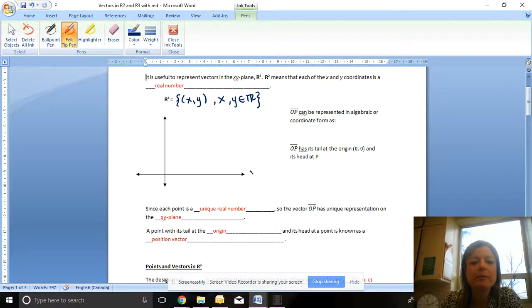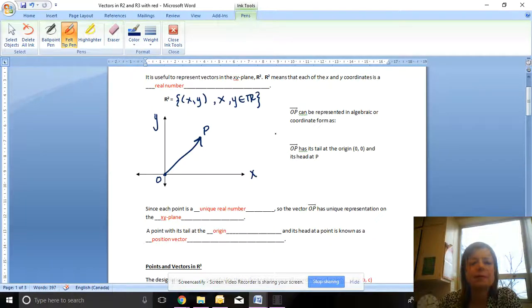So here we have an X and a Y axes, and we can draw a vector OP. So a vector OP always has its tail at the origin. So its tail is here at the origin. So that's the O, which stands for origin. And then we can just draw it out to any point, which we will call P. So this is a vector OP.